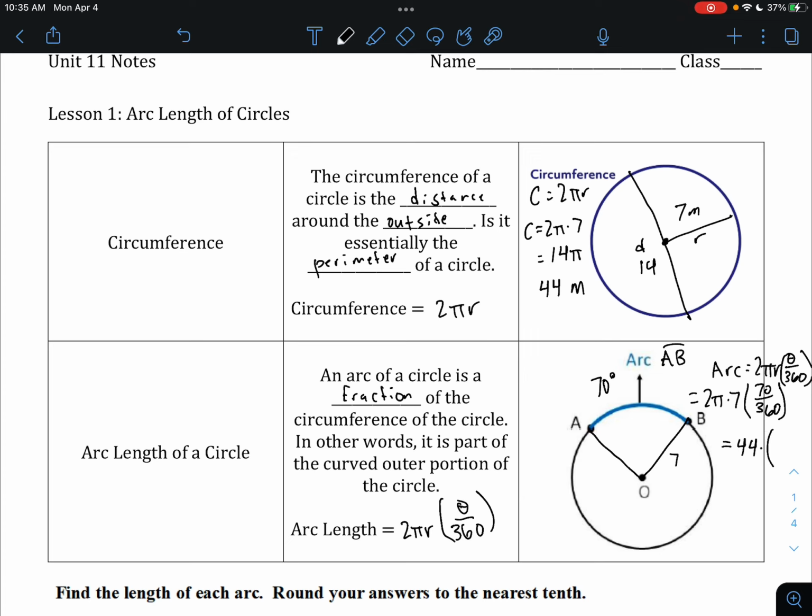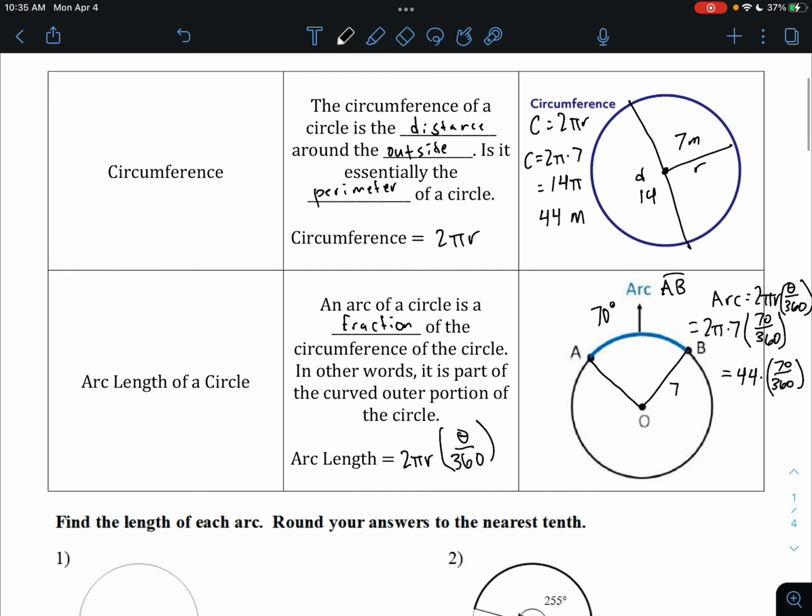So 70 divided by 360 is about 0.194. Multiply that by 44, and we get about 8.55.